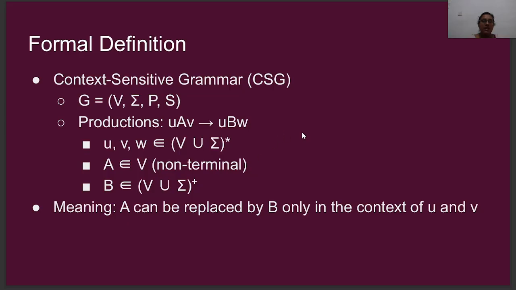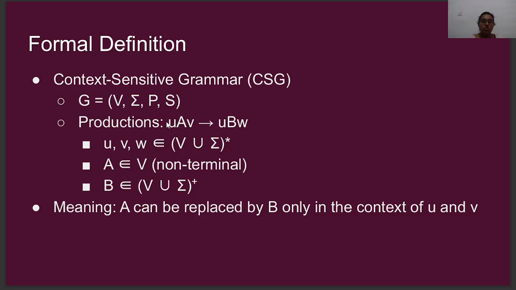Now the formal definition. G is equal to V comma sigma comma P comma S, where V are the non-terminals, sigma are the terminals, P are the production rules, and S is the start symbol. The production rules should be of the form u capital A v gives you u capital B w.